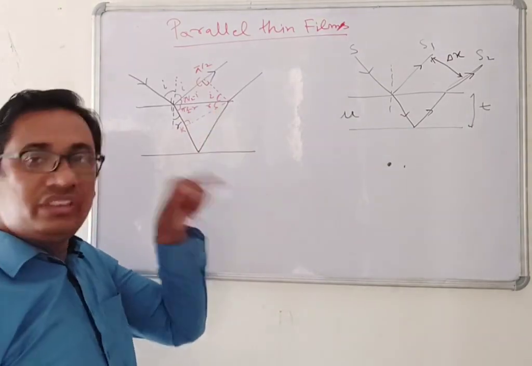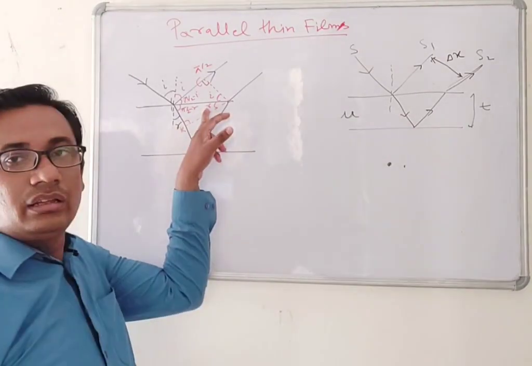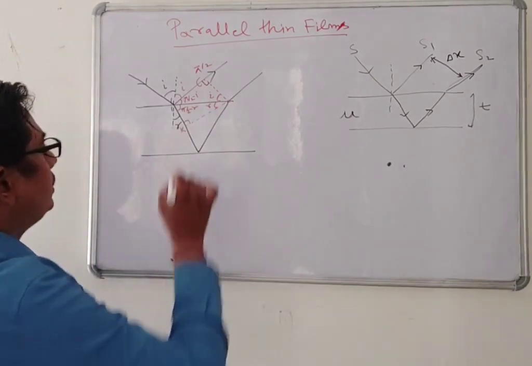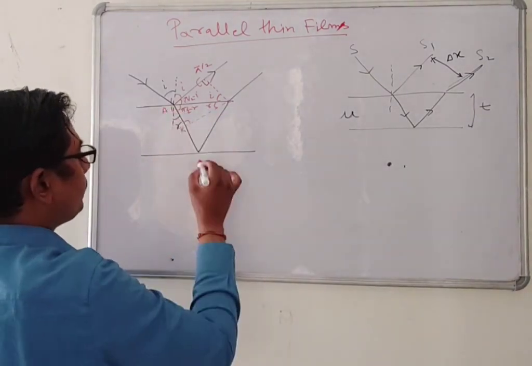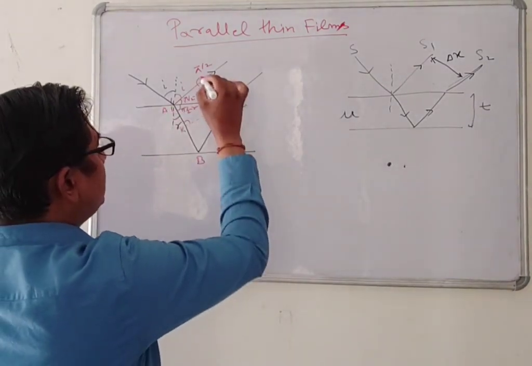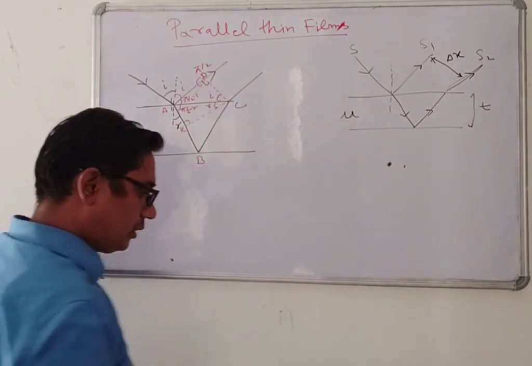Then this will be angle R. Suppose these points are A, B, C, D.